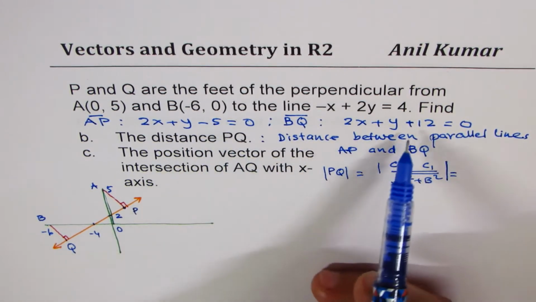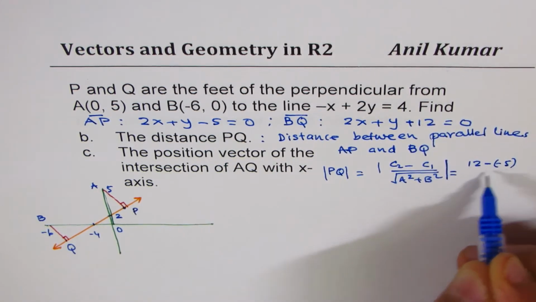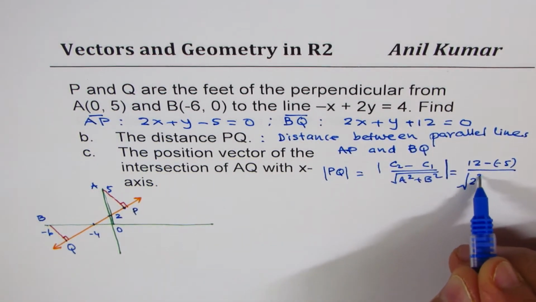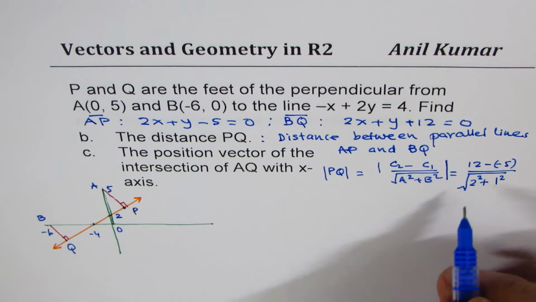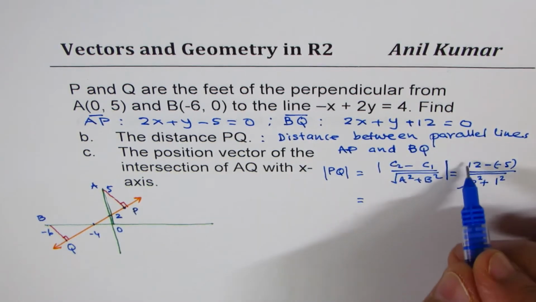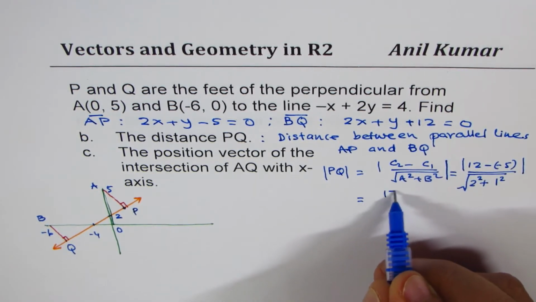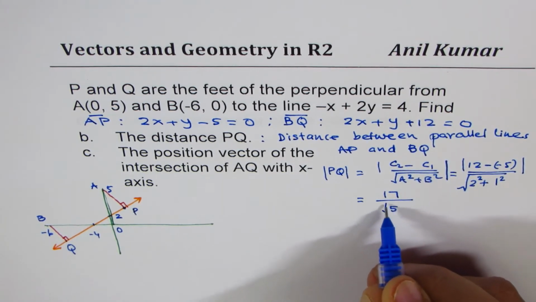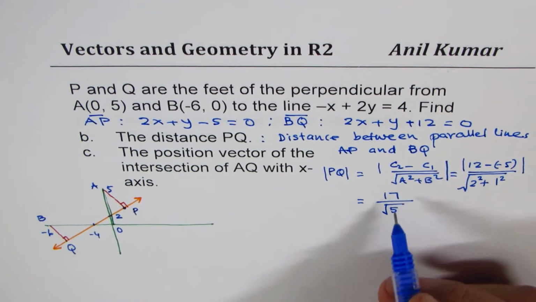So what we can do is 12 minus -5, divided by square root of A squared, meaning 2 squared, plus the y coefficient is 1, so 1 squared. Do you get it? And that's the absolute value, correct? So 12 plus 5 is 17, so we can write this as 17 over the square root of 4 plus 1, which is 5. Do you get it? So PQ is 17 over square root 5. Some of you may like to rationalize this.